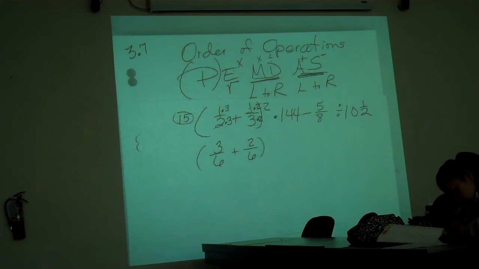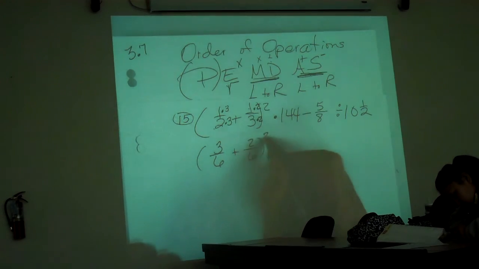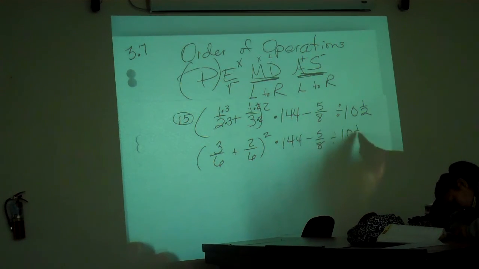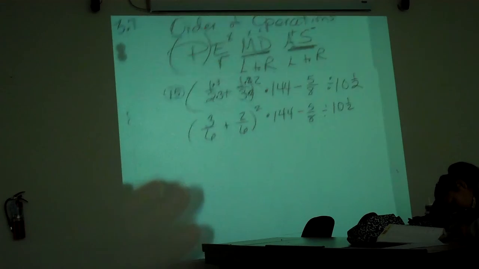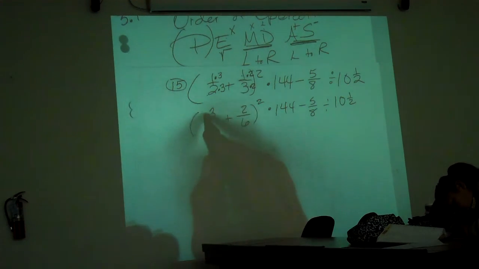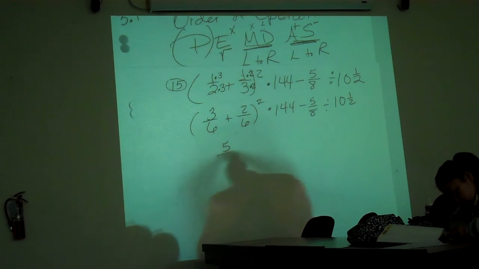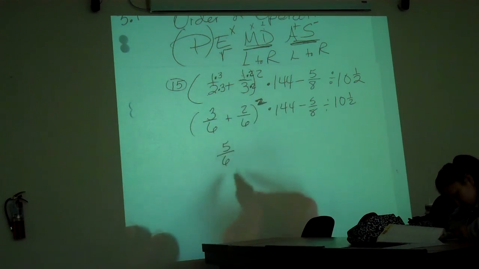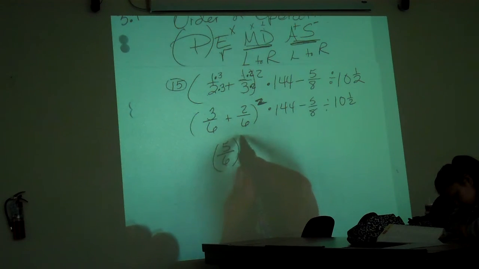Okay, let's rewrite the rest of the problem to make sure we don't forget any of it. Don't want to leave any behind. Okay, 3/6 plus 2/6. 3 plus 2 is 5. So you have 5/6, which is going to be squared, right? 5/6 squared means times itself.